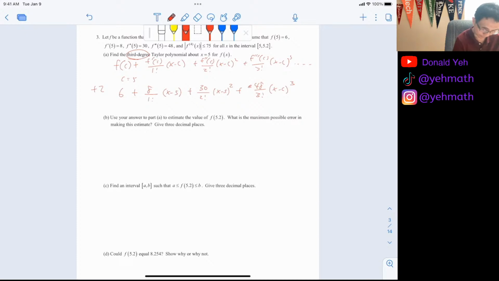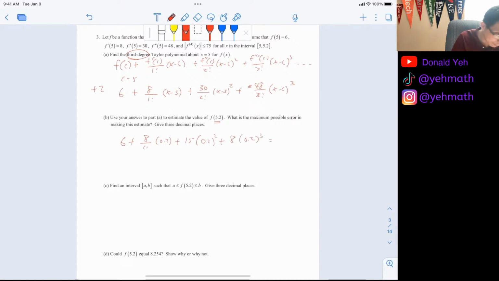What do you use for the 48 over 3 factorial? 6. Now, how do I plug in? You just plug in 5.2. If you don't have a calculator, just write down this: it's going to be 6 plus 8 times 0.2 plus 30 over 2 times 0.2 to the second, plus 48 divided by 6, which is 8, times 0.2 to the third.